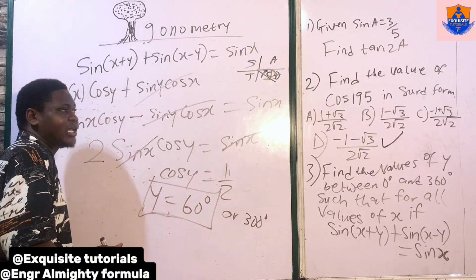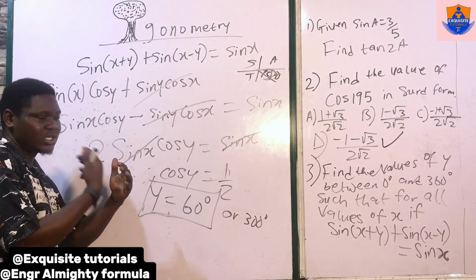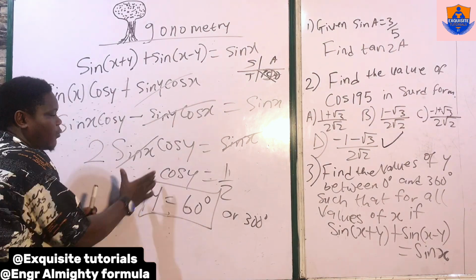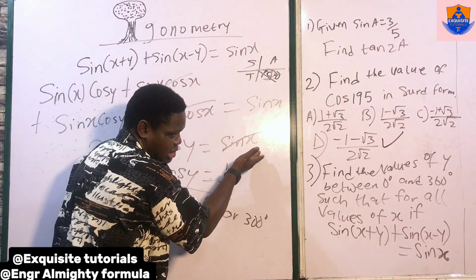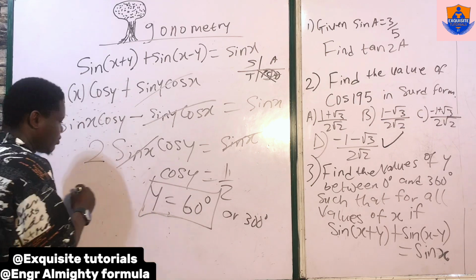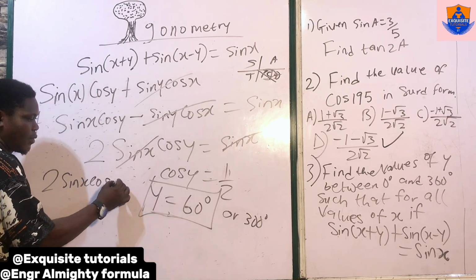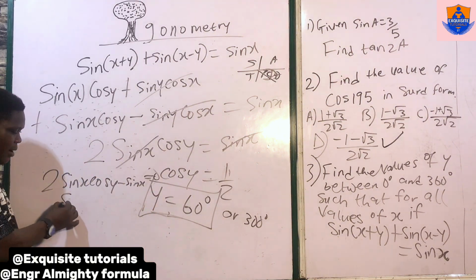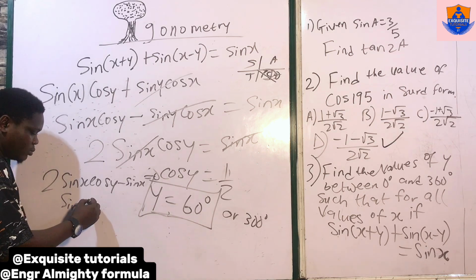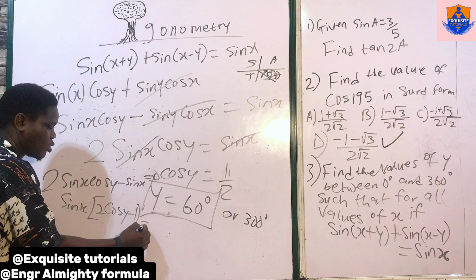Now, like I earlier said, you can actually look for x. They can ask you for sine x or x. What if I was asked to look for x, not y? I can bring sine x out and make it common. What will be left is 2 cos y minus 1 equals 0.